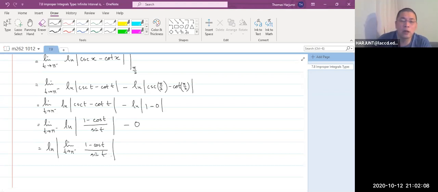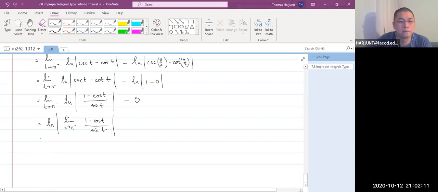From there I will use L'Hopital's rule, because it gives me 0 over 0.